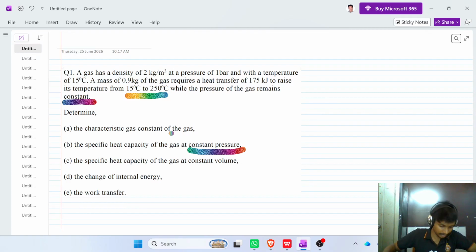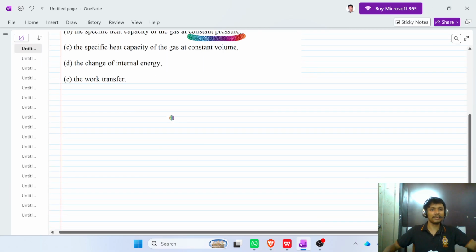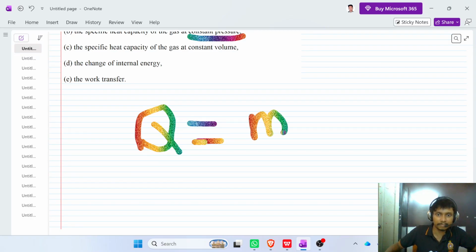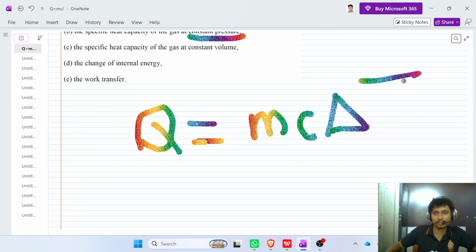This is a very simple question. We already know this equation. We have already learned it at A level. Q is equal to m c into delta T. This is the main equation.